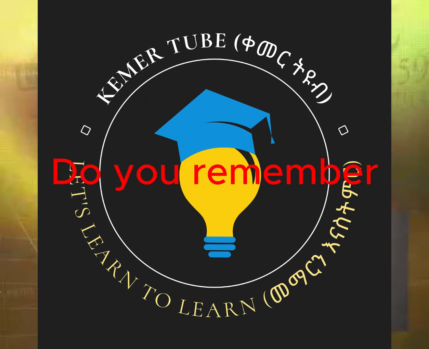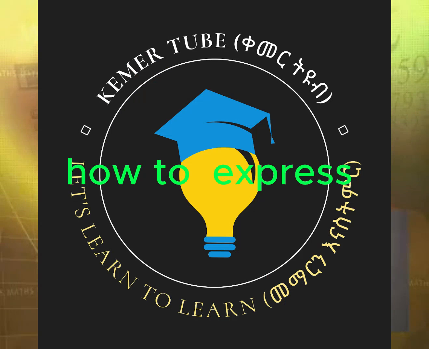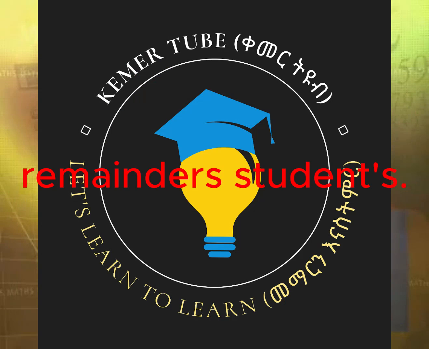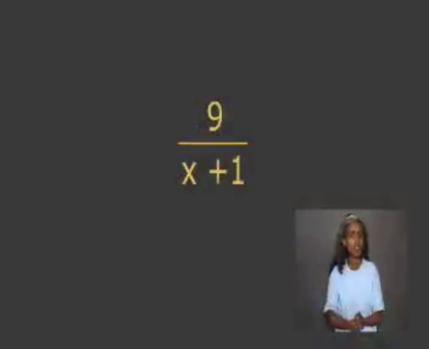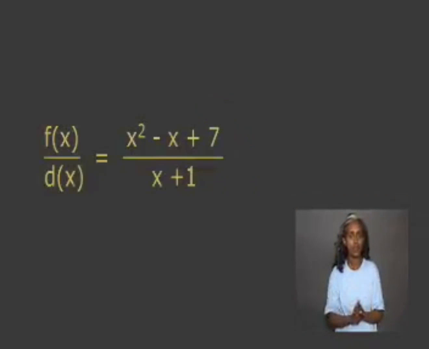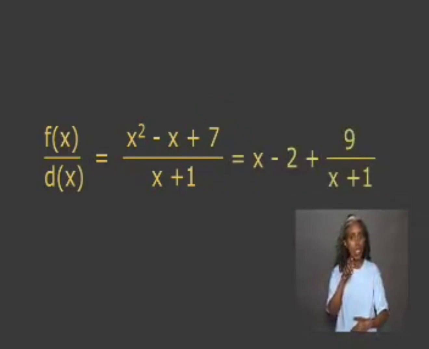Do you remember how to express remainders, students? The remainder 9 is the numerator of a fraction. The polynomial's divisor, x plus 1, is the denominator of the fraction. f of x divided by d of x is equal to x minus 2 plus 9 over x plus 1.